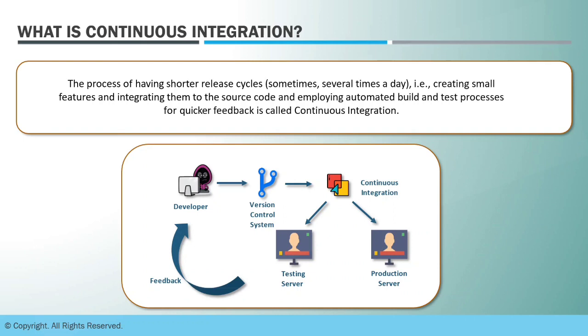This is called continuous integration. And once they are deployed and tested, the continuous monitoring process sends continuous feedback to the developer, and they use it for further improvement and the continuous development process.